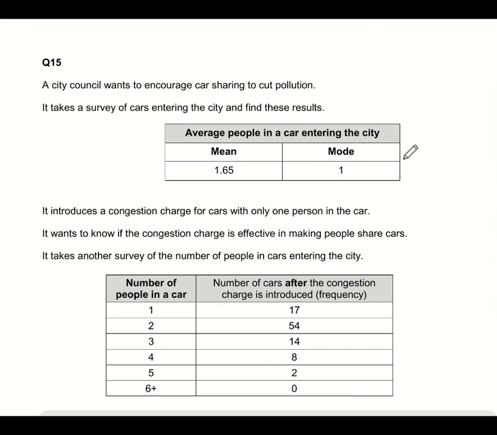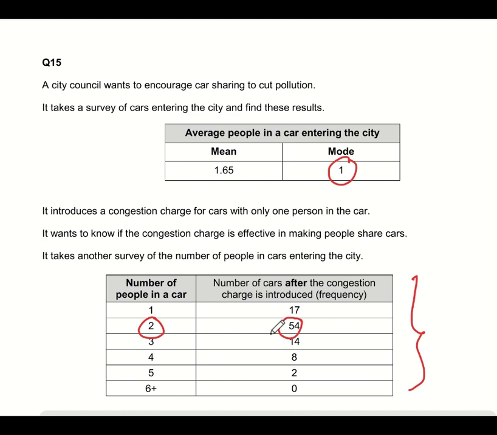Okay, so question number 15. A congestion charge has been introduced and we've now got this data here. We can see that before, the mode was 1, which means that it was more likely that you would see only one person in a car at any one time, whereas now the mode is 2.